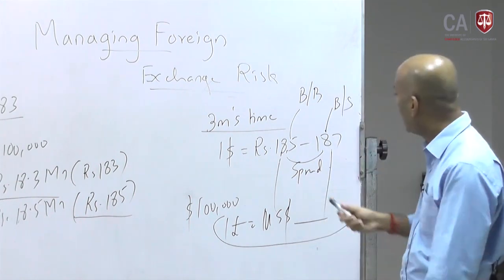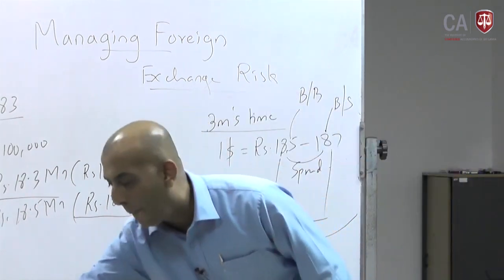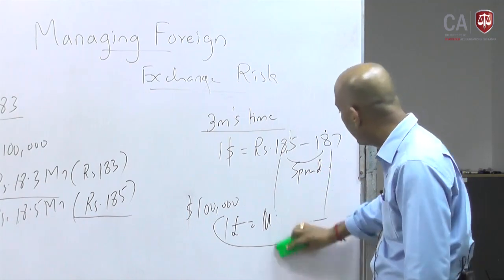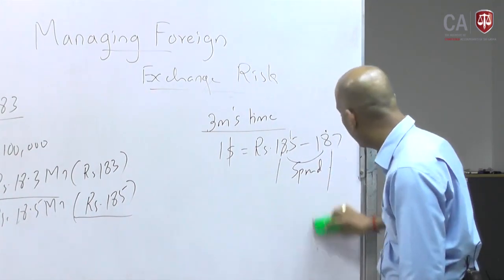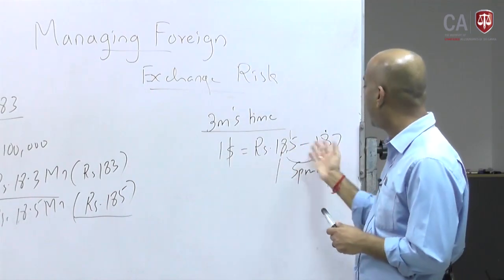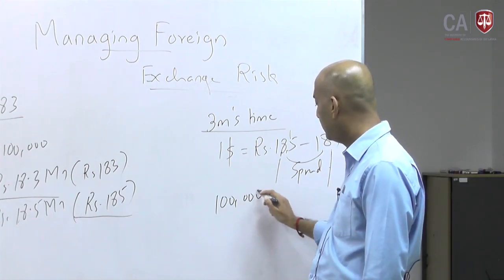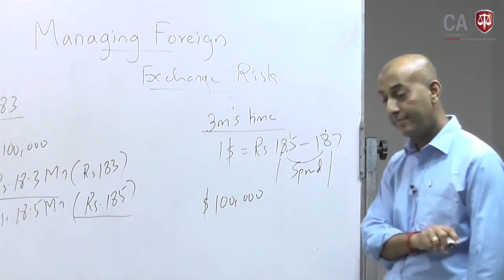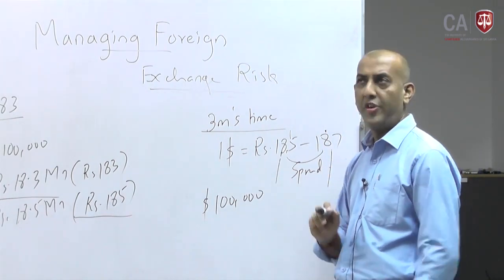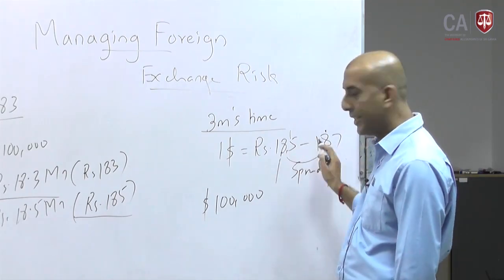In other words, you have two rates here, 185, 187. We take the same example. We don't know whether it's the buying rate or selling rate, and we don't know whether it's a direct quote system or indirect quote system. We are told there are two rates given by the bank for $1 and we have to pay the supplier $100,000. To pay $100,000, we have to buy from the bank. So we don't know which is the bank's buying rate and which is the bank's selling rate. Take these two rates.